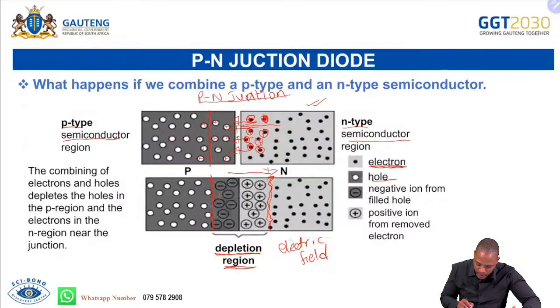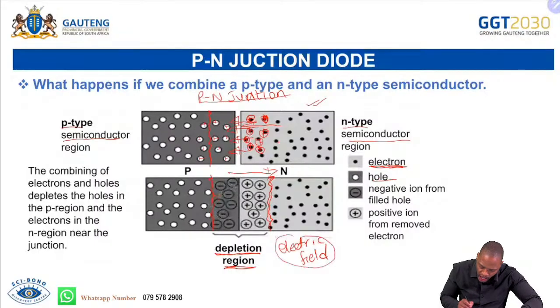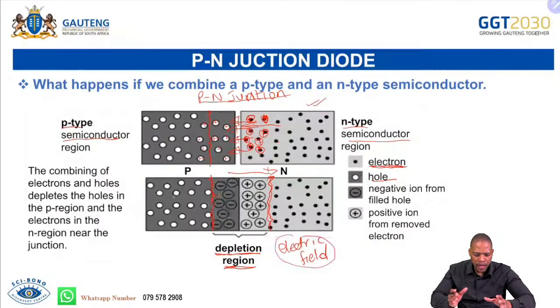And this is happening in this electric field that has been created here. This causes a problem, okay? This is causing a huge problem, because now we are not having a flow of electrons. So whatever we have done by bringing a p-type semiconductor and an n-type semiconductor, this is not conducting electricity for us. This is not good at all, okay?